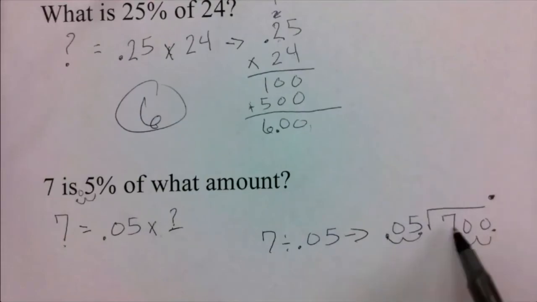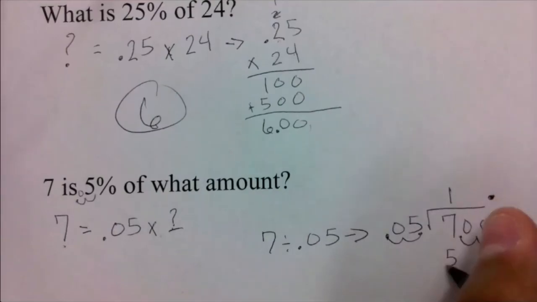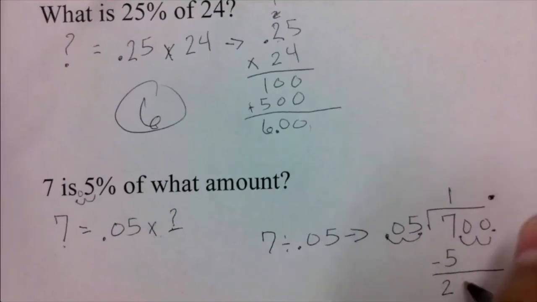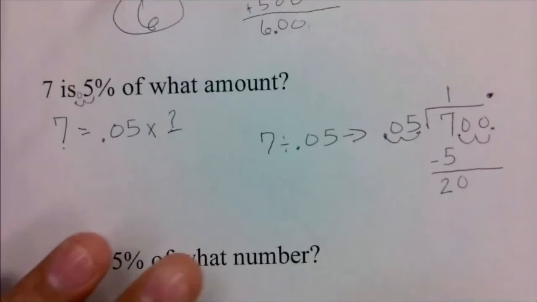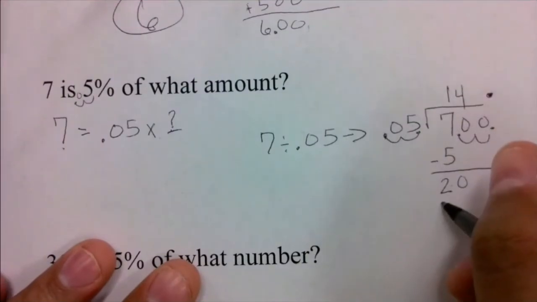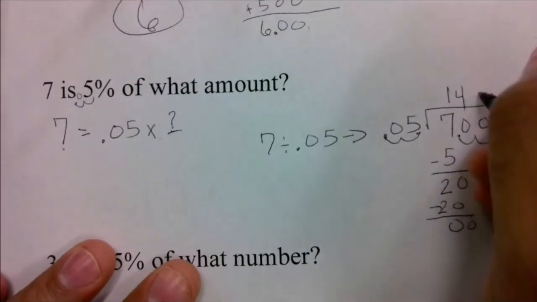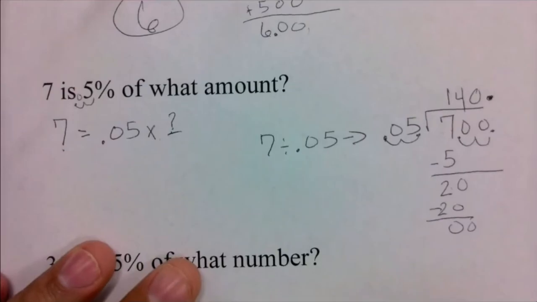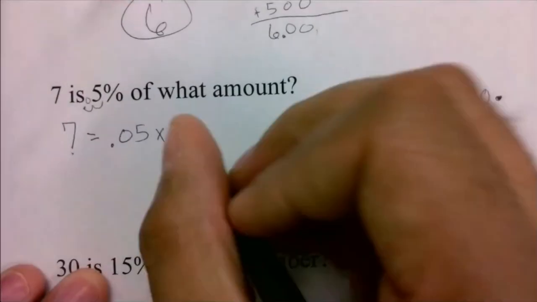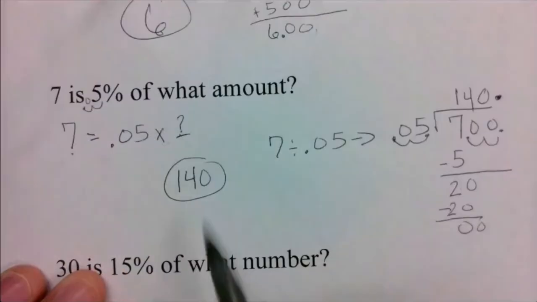So, can 5 go into 7? Yes, it goes into 7 one time. So we have 2. Then bring down a 0 to have 20. Now, can 5 go into 20? Yes, it can. It goes into 20 4 times. And then we just have zeros to finish out our answer. So we know that 140 is our answer. 5% of 140 equals 7.